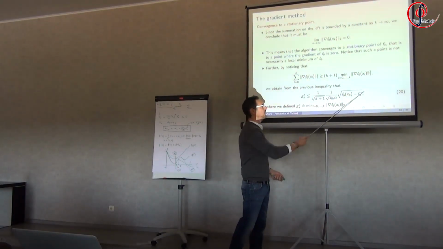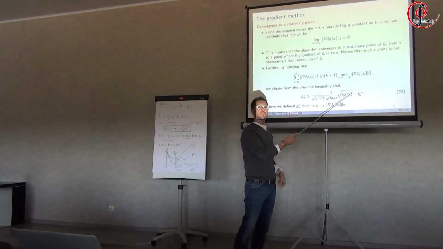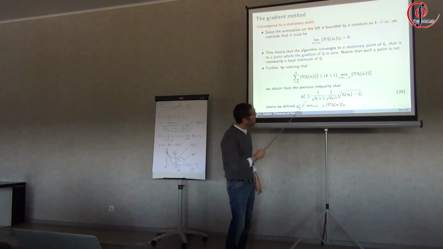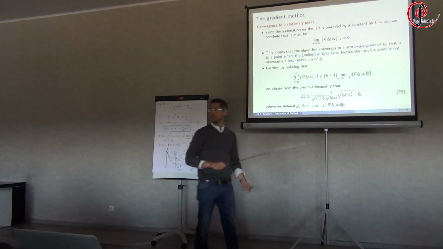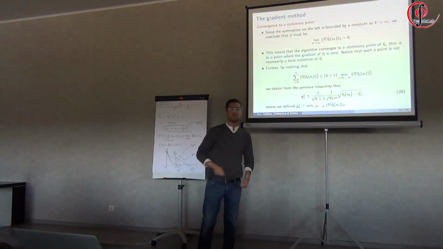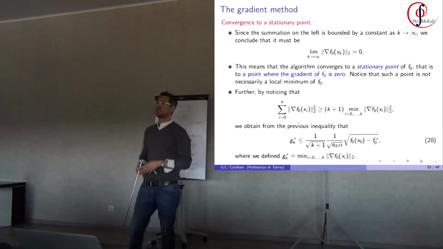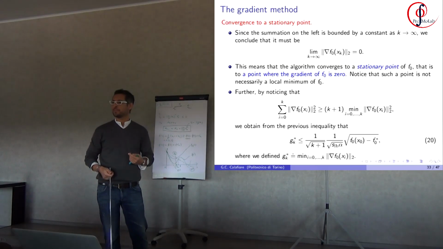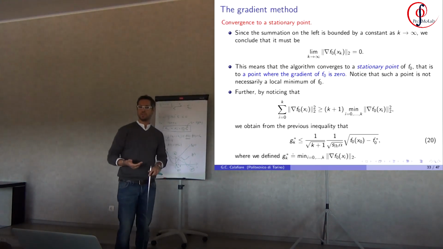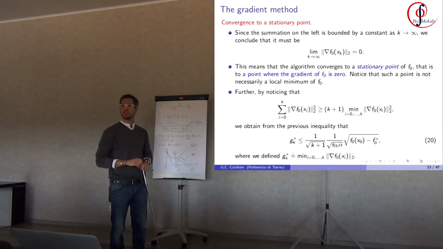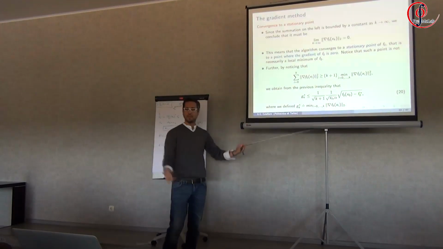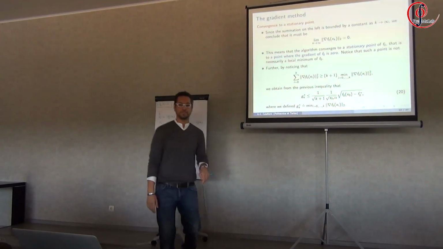This is also some constant that depends only on the initial condition of the problem, and the important part is this one here. It means that the minimum gradient goes to 0 as 1 over the square root of the iteration number. This is considered a slow convergence. So 1 over the square root of the iteration number is the rate at which the minimal gradient goes to 0.